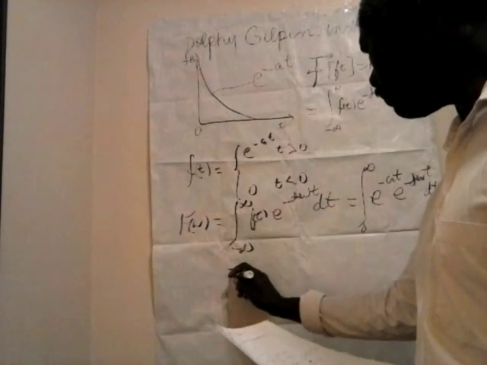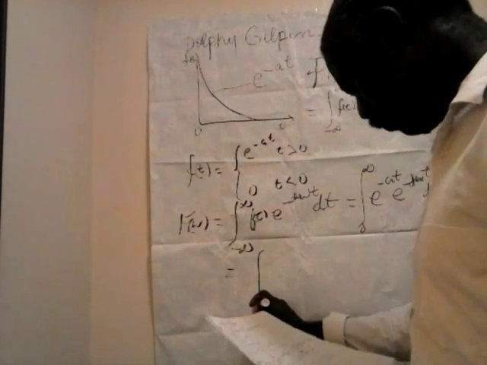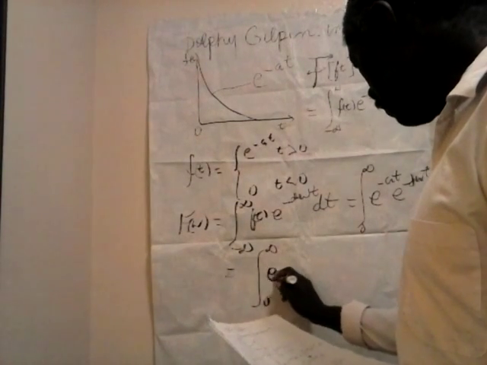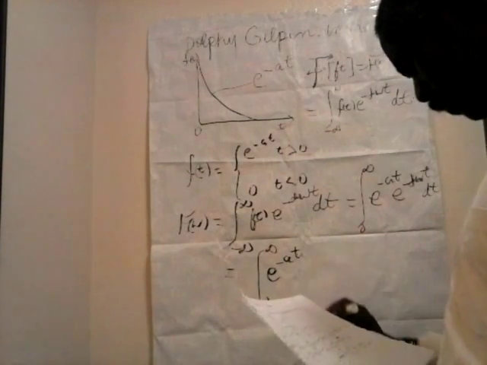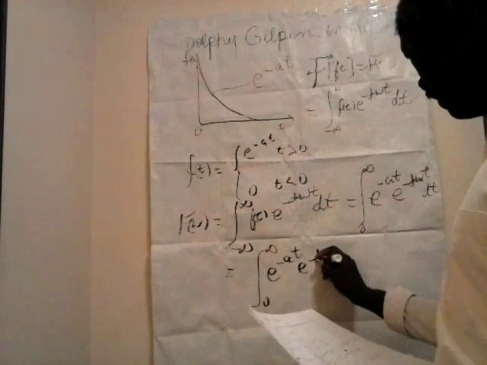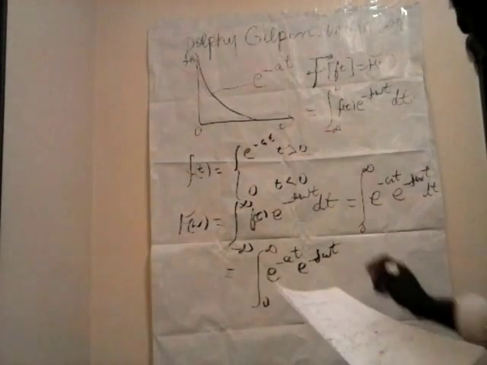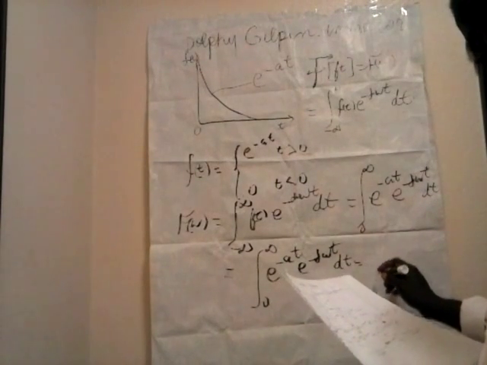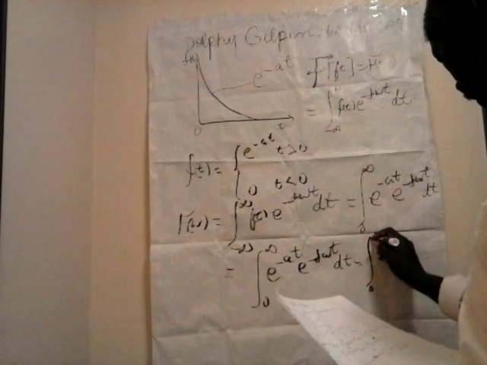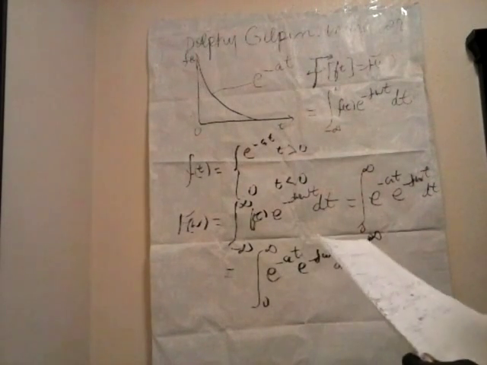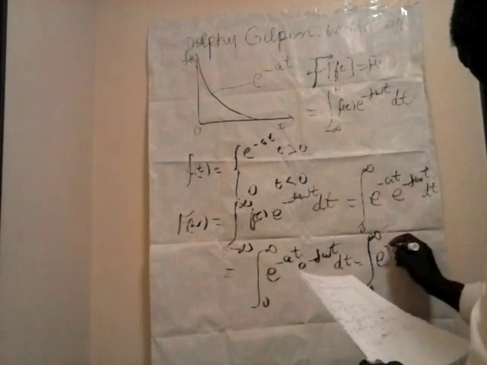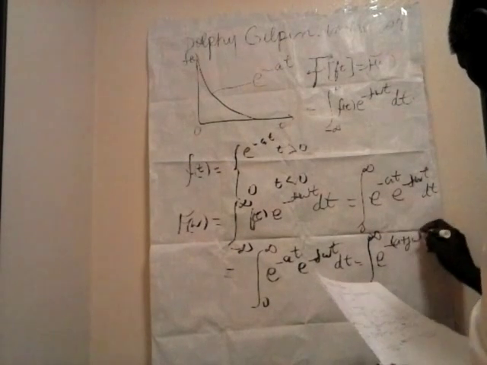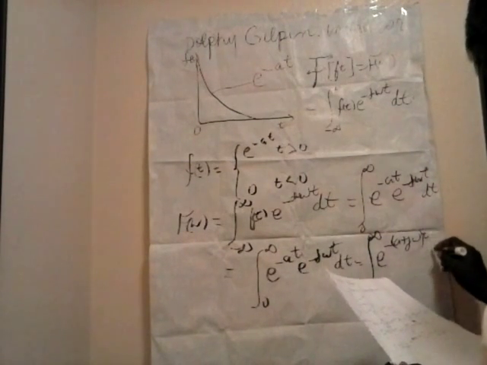That's further equal to the integral from 0 to infinity of e to the minus at e to the minus j omega t dt, which is equal to the integral from 0 to infinity of e to the minus (a plus j omega) t dt.